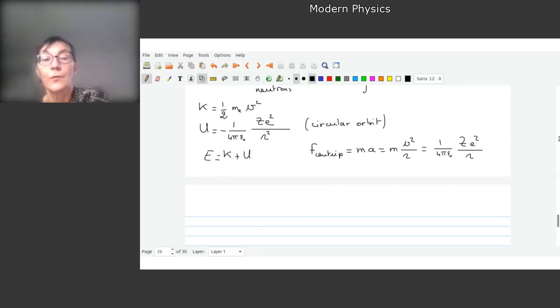With these two expressions, this is the acceleration in a circular uniform movement, and this is the Coulombian force. And so we have a relationship between the kinetic energy here, okay, this is not 2, this is R.